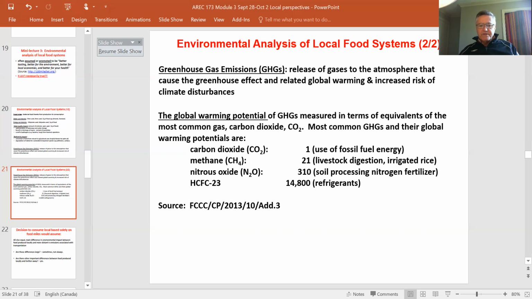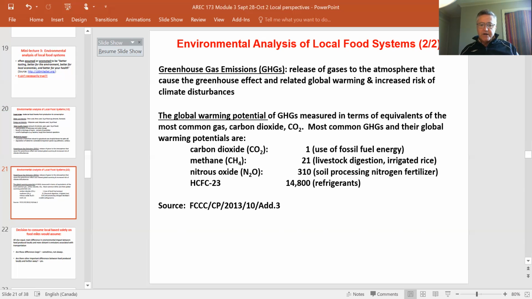Then certain types of refrigerants, like HCFC-23, have a much higher global warming potential, 14,800, and those are used in things like refrigerants. So everything else equal, we would like to focus on things like refrigerants and then work our way down.